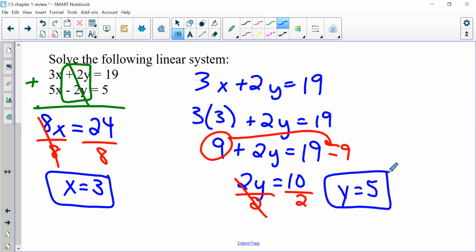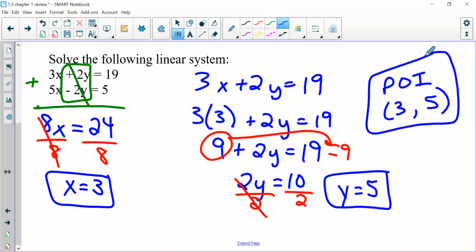So the point is 3 and 10. Check: 9 plus 10 is 19. 15 minus 10 is 5. Okay.